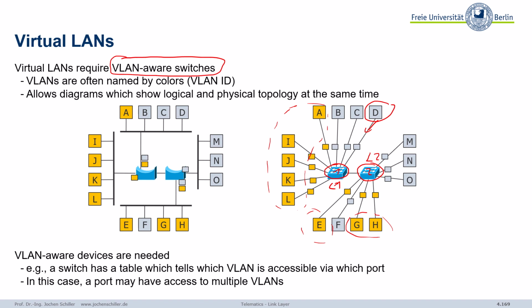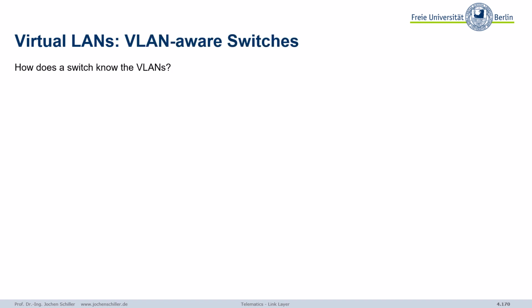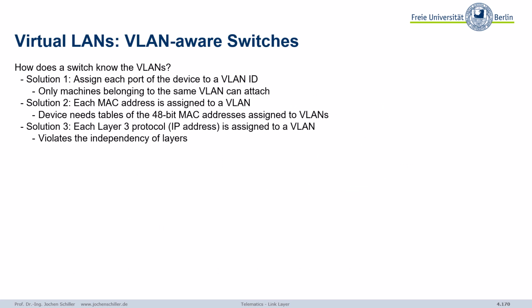The question is, how does a switch know anything about the VLANs? So we need those VLAN-aware switches, and there are different solutions. For example, if we have a switch, we can tell the switch, this port is for orange, this is also for orange, and this one is for our gray network.